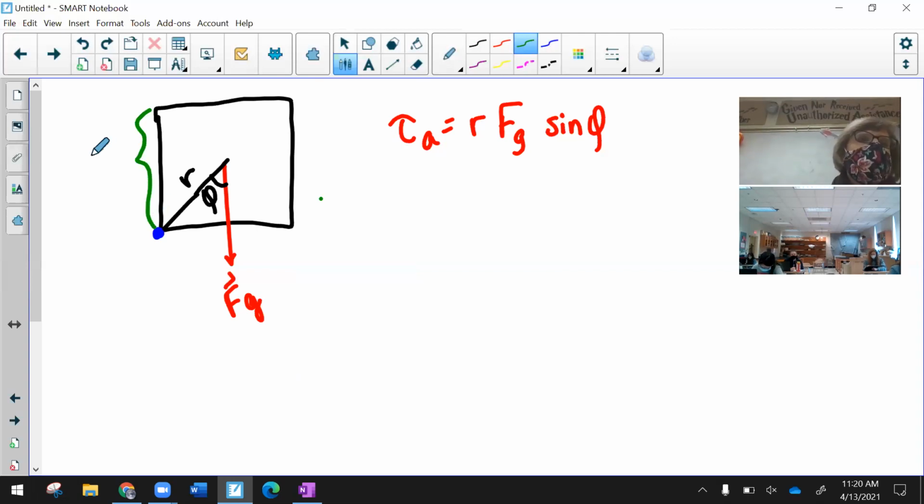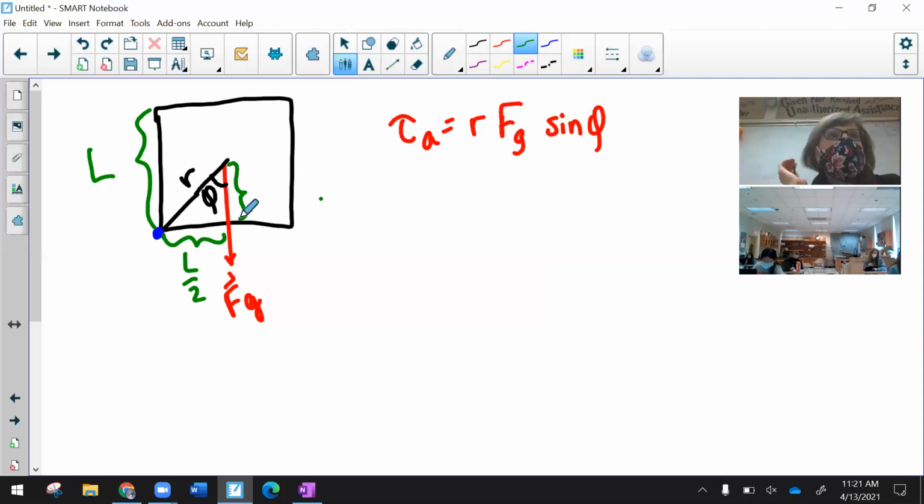So let's call the side of this thing, actually we'll call it L, just because L is nice. Now, if FG acts in the middle, what's the length of that side of that triangle made out of black and red lines? L over 2.